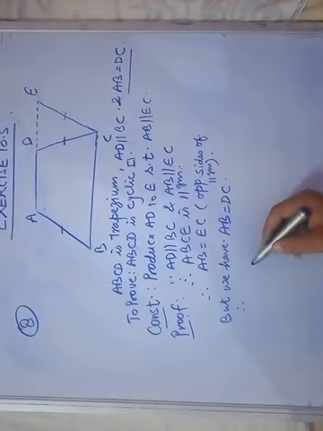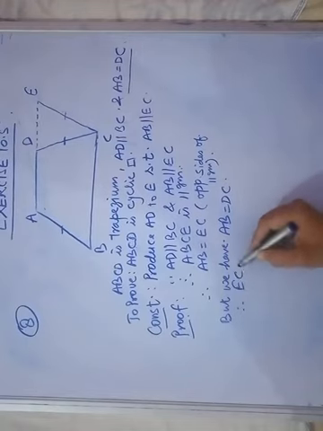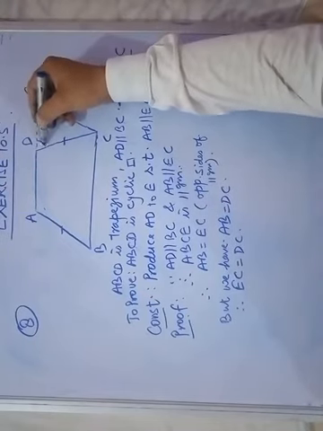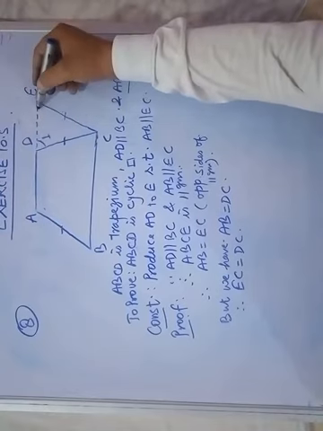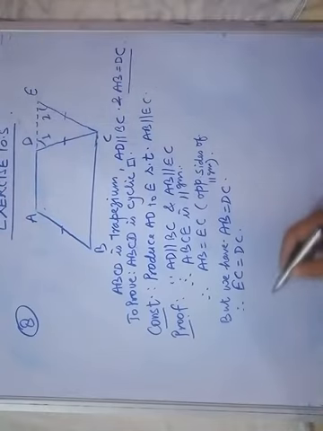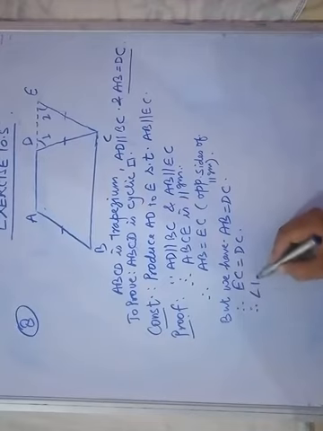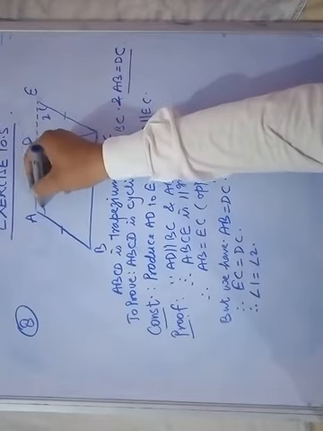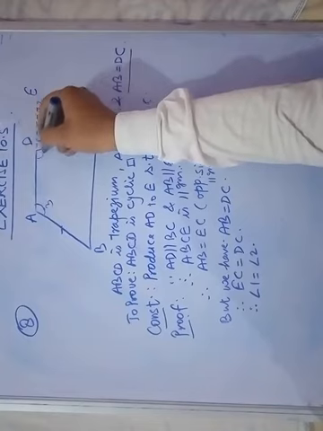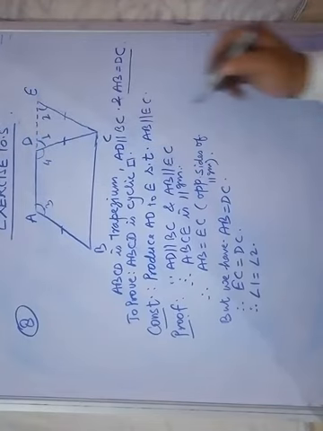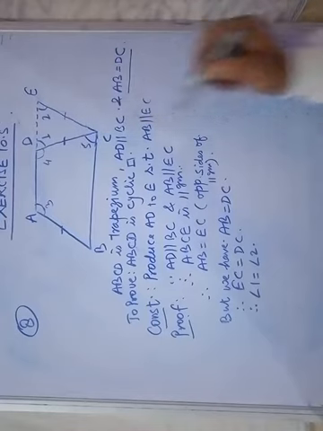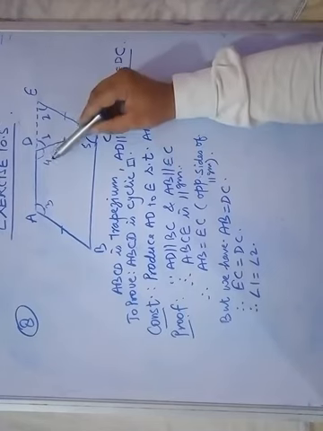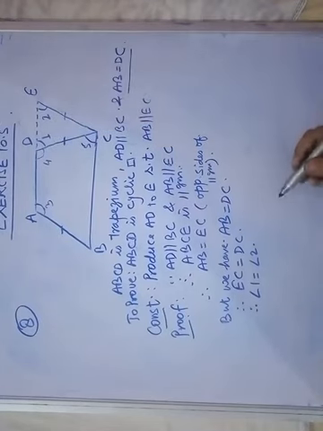Therefore EC equal to DC. It means let this angle be 1 and this angle be 2, that is angle 1 equal to angle 2. Okay, now let this be angle 3 and this be angle 4. Let this angle be 5. Now angle 4 plus angle 1 equal to 180.